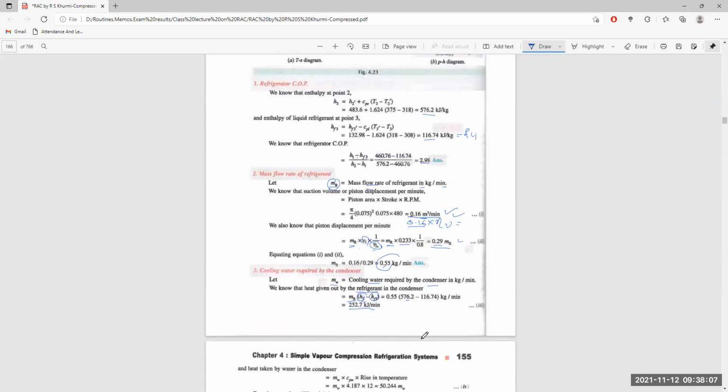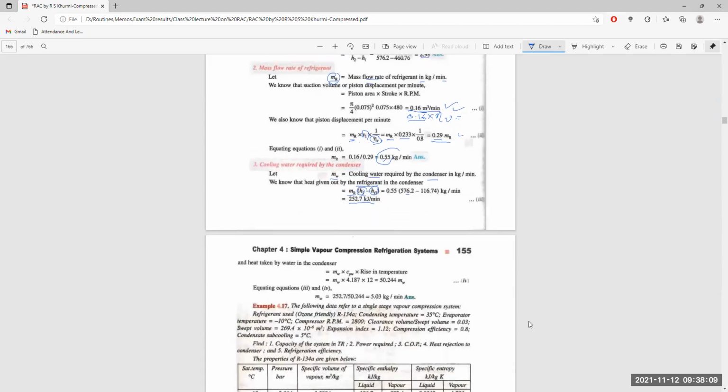So we know the heat to be removed, and we have to calculate the mass flow rate of the water. So the water for cooling is to be multiplied by the specific heat of the water, and by the rising temperature of the water.